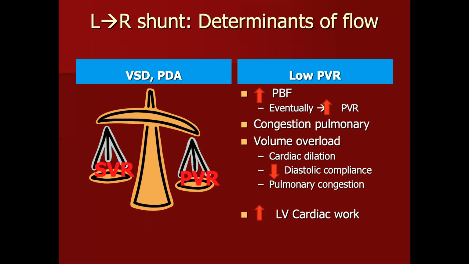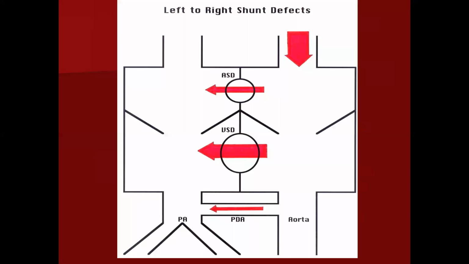As anesthesiologists, we can manipulate flow across a shunt with our anesthetic technique. For example, an anesthetic induction frequently decreases SVR, lessening the flow across a left to right shunt. Now, over time, pulmonary congestion may increase such that flow is reversed, resulting in pulmonary hypertension and Eisenmenger syndrome. But that is late stage.